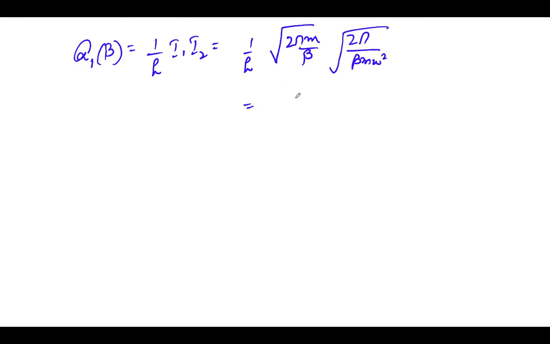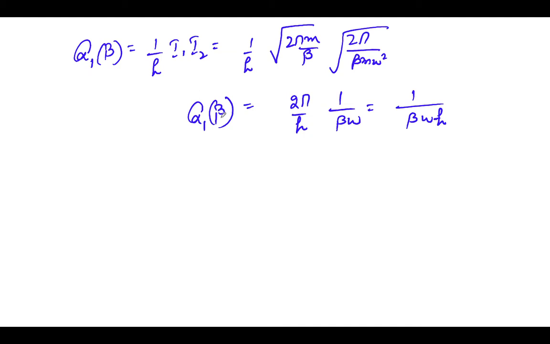When you solve this, it comes out to be 2 pi over h, 1 over beta omega, so that is 1 over beta omega h bar. So this is the value of the partition function for one oscillator.